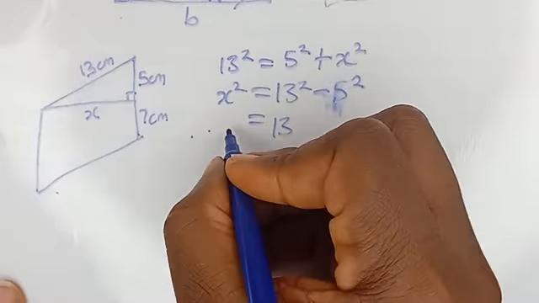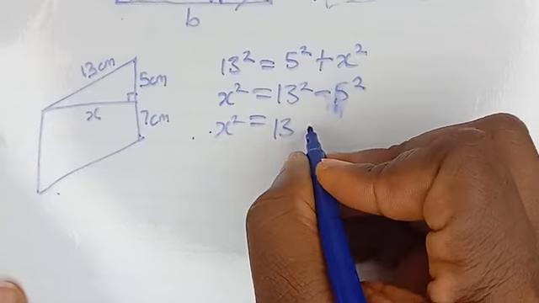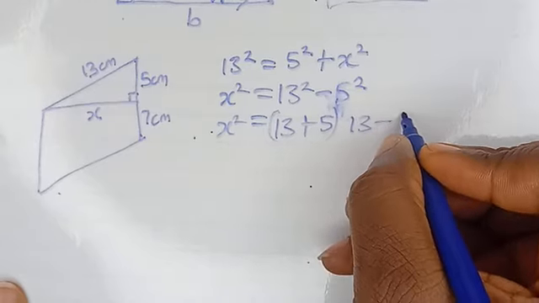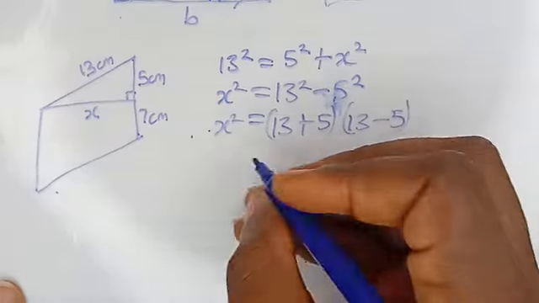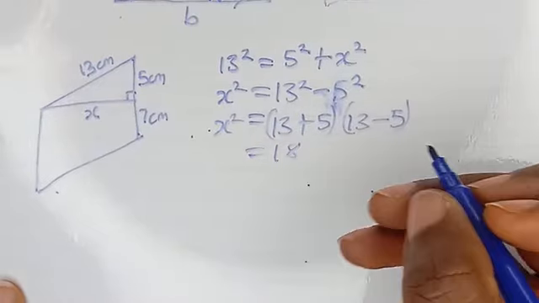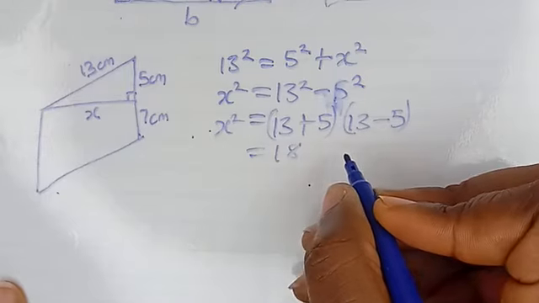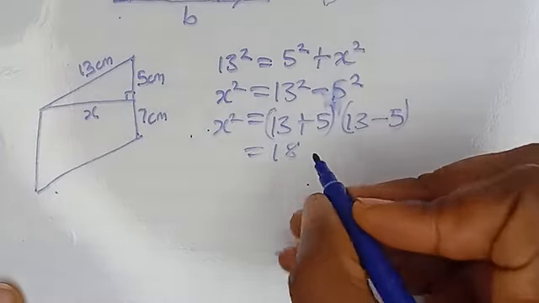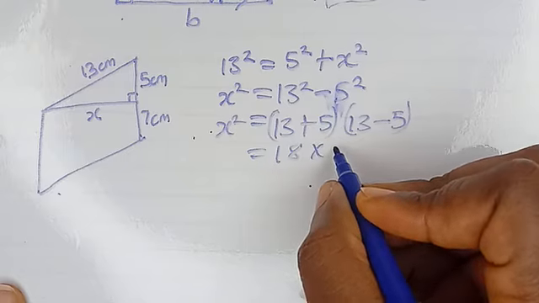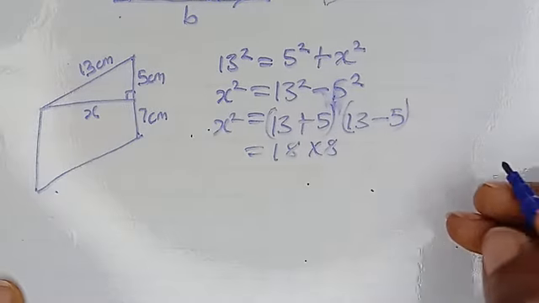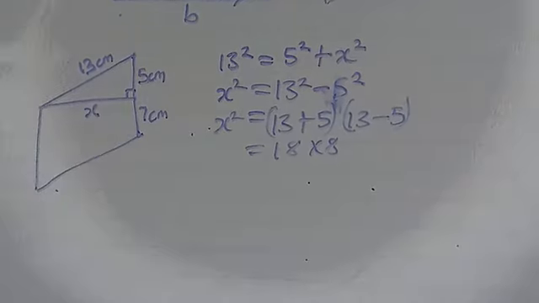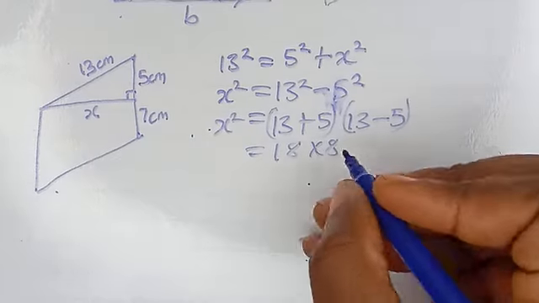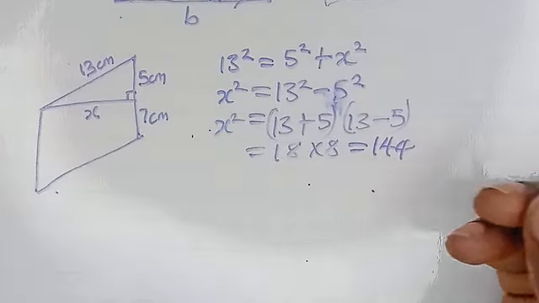Okay, so this is a difference of two squares. Remember that the difference of two squares is equal to this plus this, times this minus the other. 13 plus 5, that is 18, times 13 minus 5, that is 8. 18 times 8 doesn't really look that easy, so we are going to use our calculator to find that this is equal to 144.